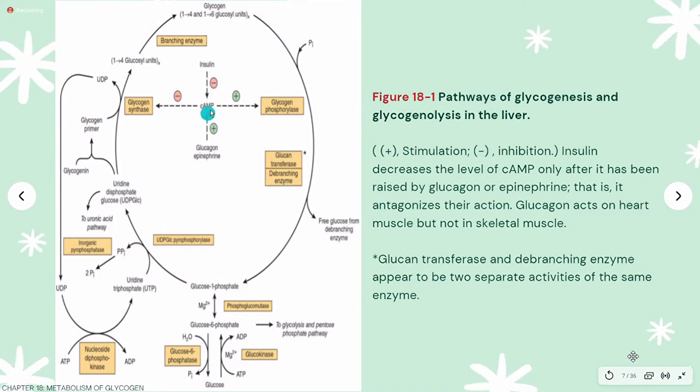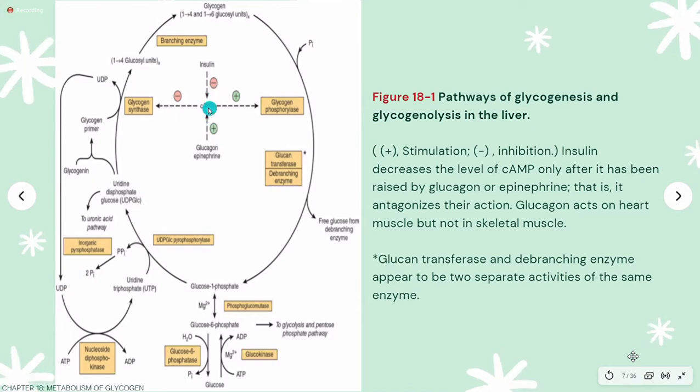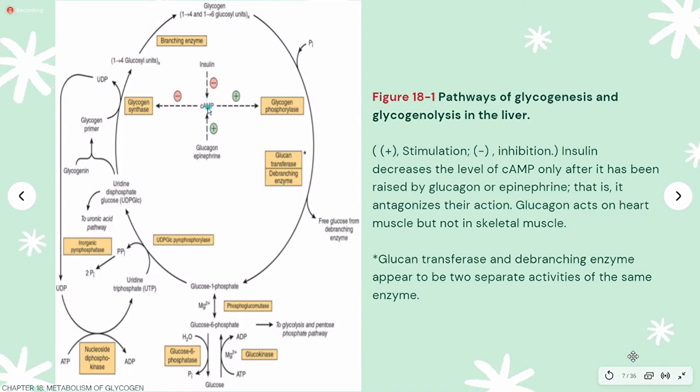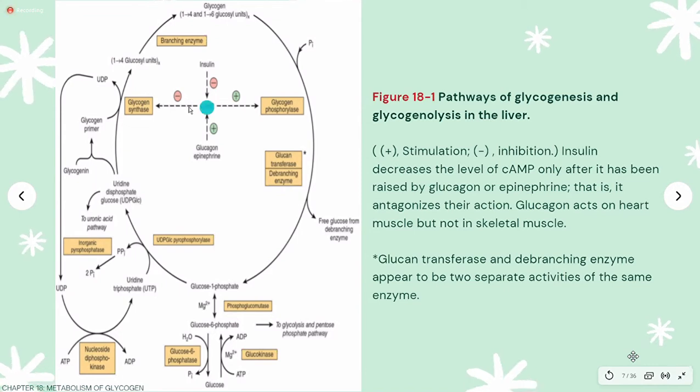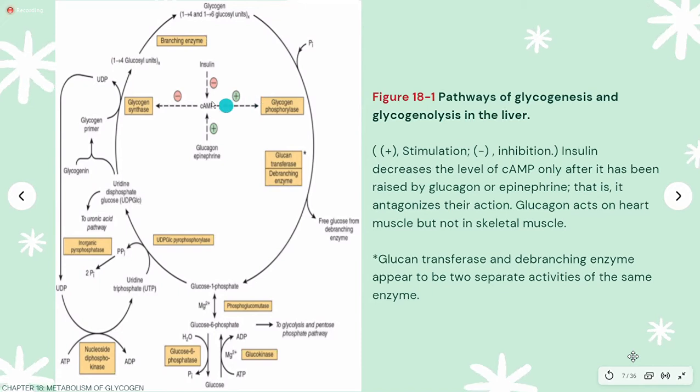So cyclic AMP cannot activate your protein kinase that adds a phosphate there and adds a phosphate there. Then a phosphatase cuts off the phosphate here and the phosphate here. So both have no phosphates.